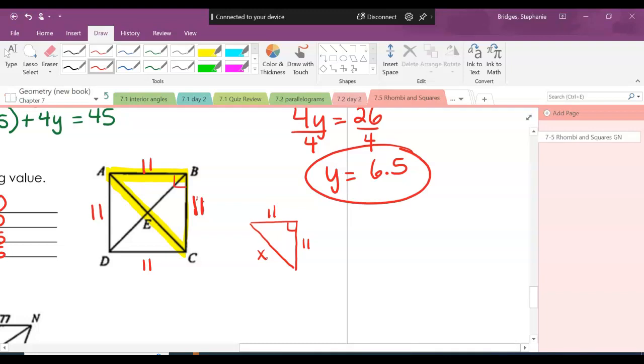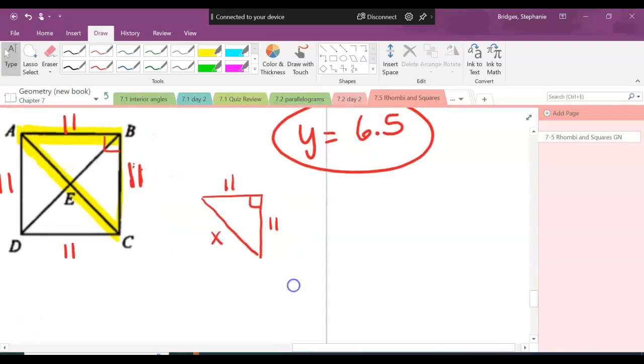Which one is my C in this picture? Look at the little picture I drew. Which one is C? X. Okay, so what we're going to do is say 11 squared plus 11 squared equals X squared. Eleven squared is 121.